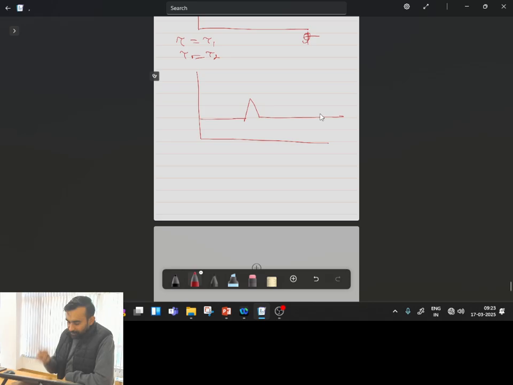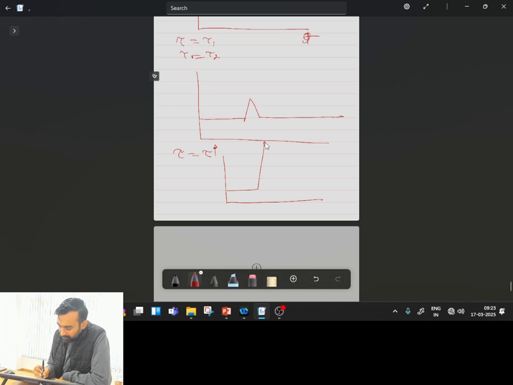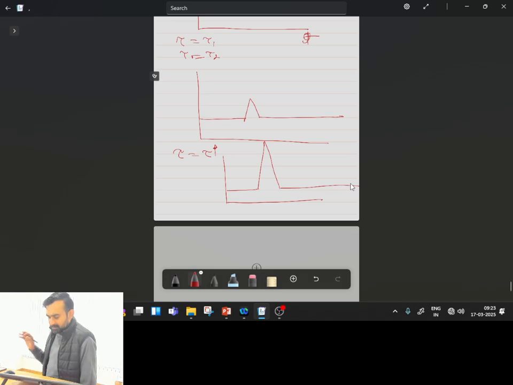But there will be some tau equal to tau star, corresponding to which both the peaks will coincide with each other, and ultimately I may get a very large peak. Is this point clear? Okay, so this is some mathematical analysis. It means the cross correlation method is a mathematical analysis which tells whether two arbitrary signals are similar or not.